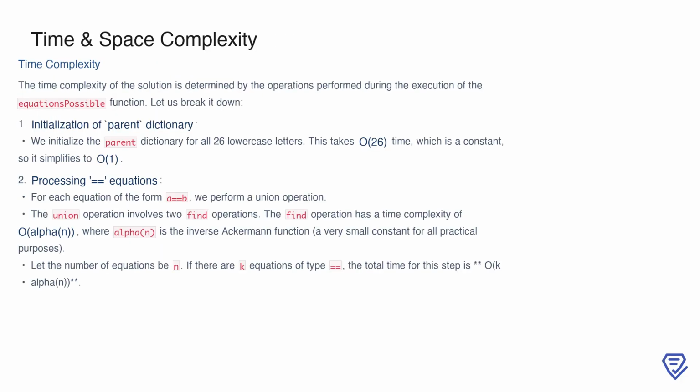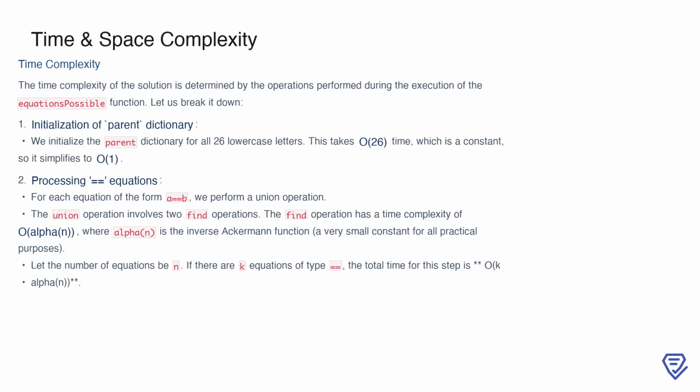The time complexity of our solution is determined by analyzing the main operations within the equations possible function. First, we initialize the parent dictionary for all 26 lowercase letters. This operation is constant because it involves a fixed number of elements, so it takes 26 time, which simplifies to 1. Next, we process the equations of the form A equals B. For each of these equations, we perform a union operation, which itself consists of two find operations.